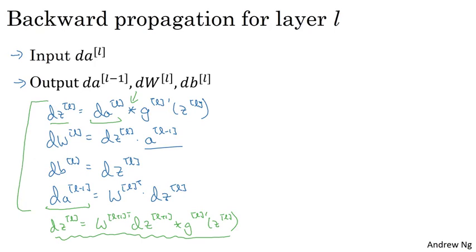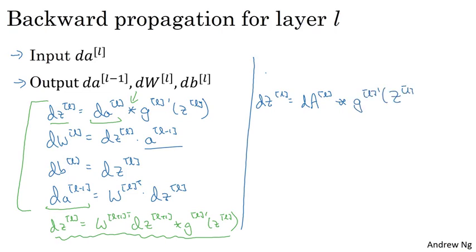So all you need is those four equations to implement your backward function. And then finally, I'll just write out the vectorized version. So the first line becomes dZ^[l] equals dA^[l] element-wise product with g^[l]' of Z^[l]. Maybe no surprise there. dW^[l] becomes 1 over m dZ^[l] times A^[l-1] transpose.